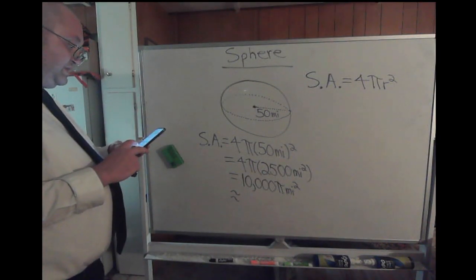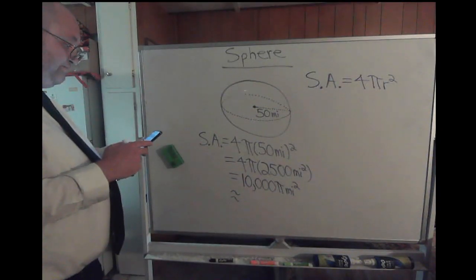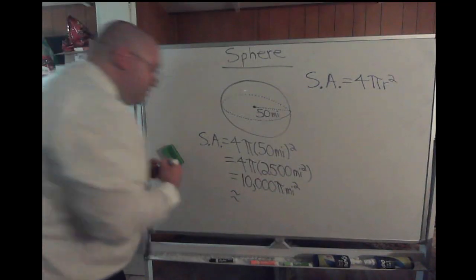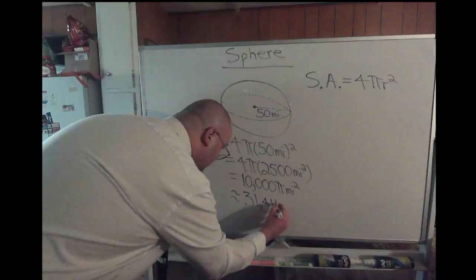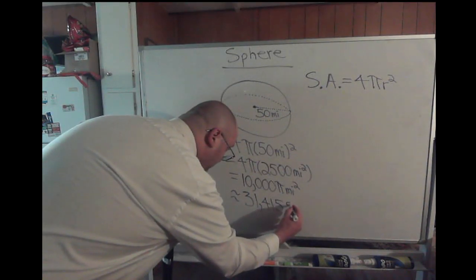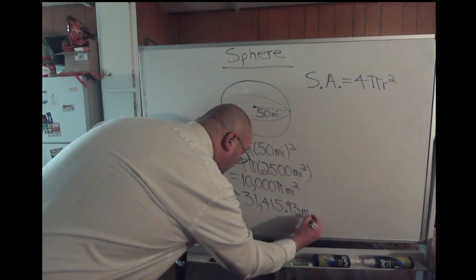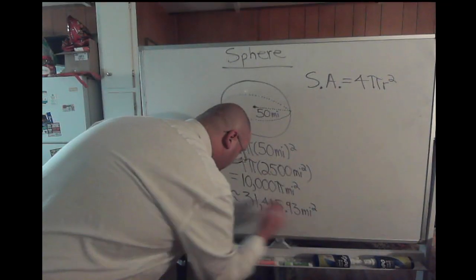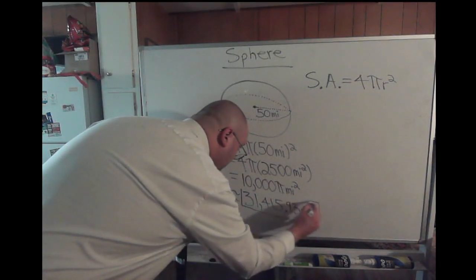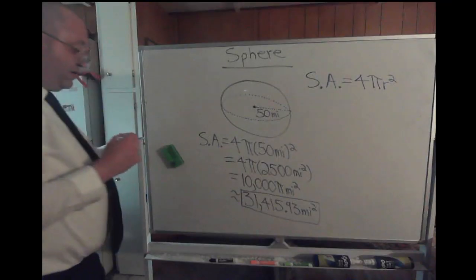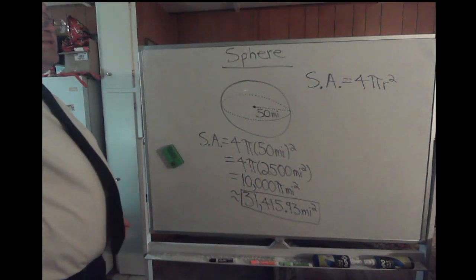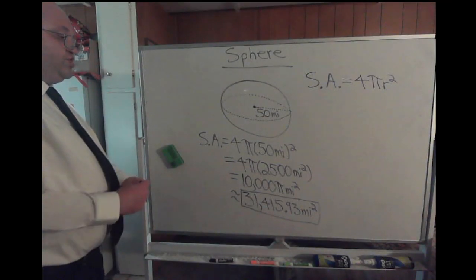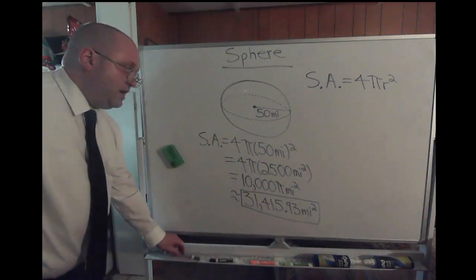So 10,000 times pi is 31,415.93 square miles. So the surface area of the sphere is about 31,415.93 square miles. That's exactly what you get for the surface area of the sphere.